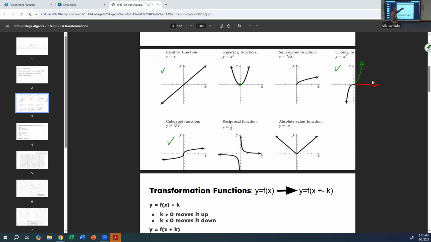That is a parabola. And this point is the lowest, but if it's negative, it will be the highest because it will be upside down. But you can see all the even functions have their vertex on the x-axis. And all these are parent functions, meaning they have not yet gone through a transformation.